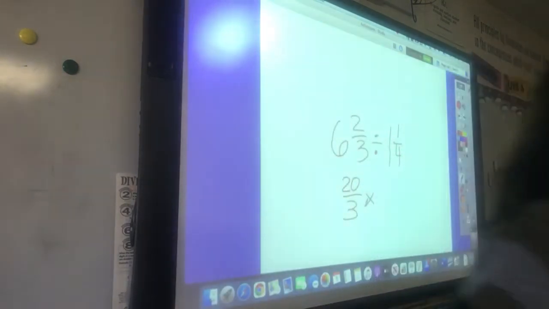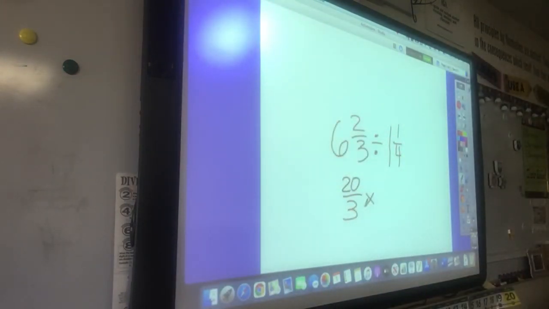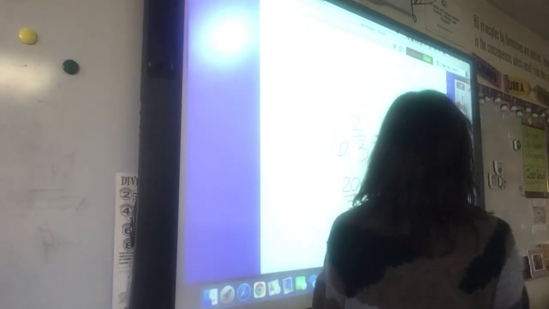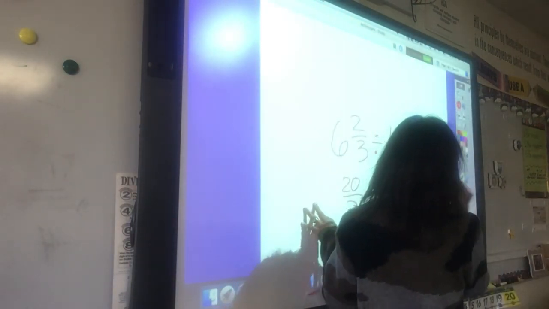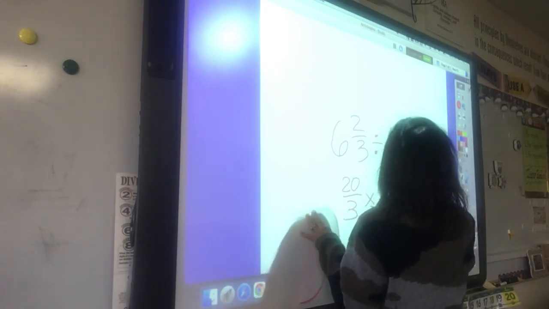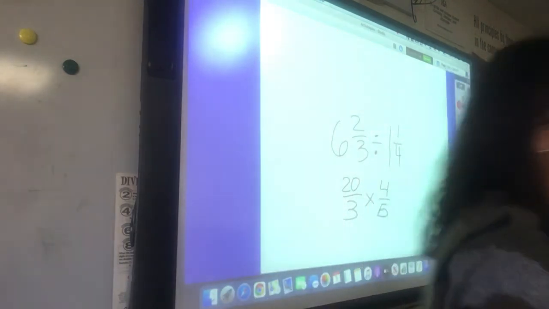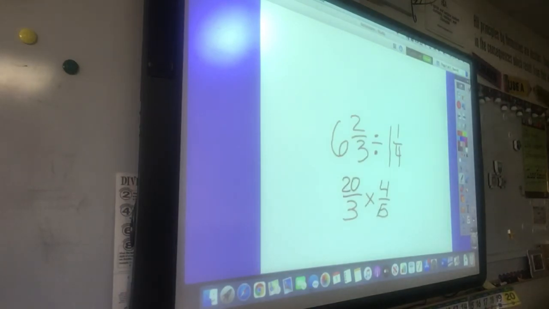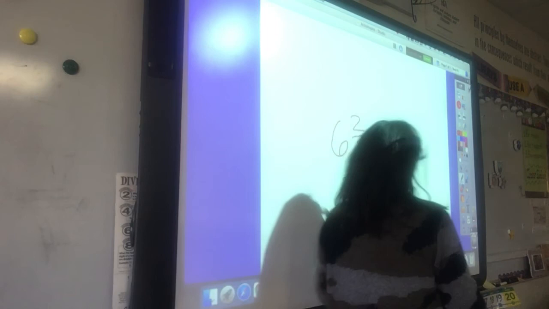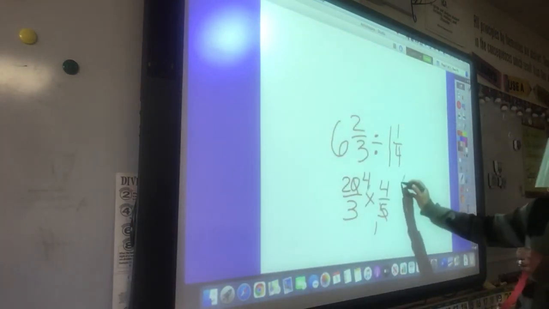And remember, we have to get the improper fraction for 1 1/4, but then it still needs to be flipped. So here, what would we get? 5 fourths. And then it needs to be flipped. Oh, 4 fifths. Yes. So we've got to flip. All right, the 20 and the 5 will cancel, but we'll still end up with 16 thirds.